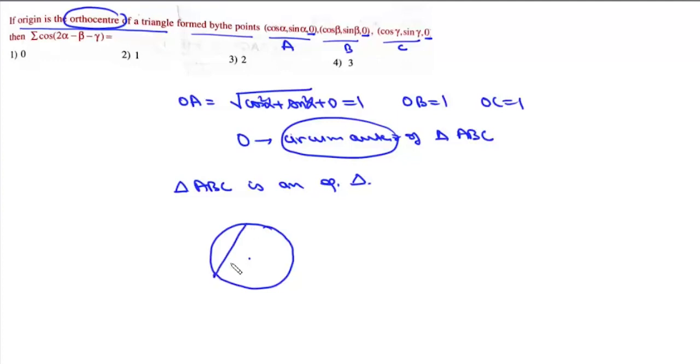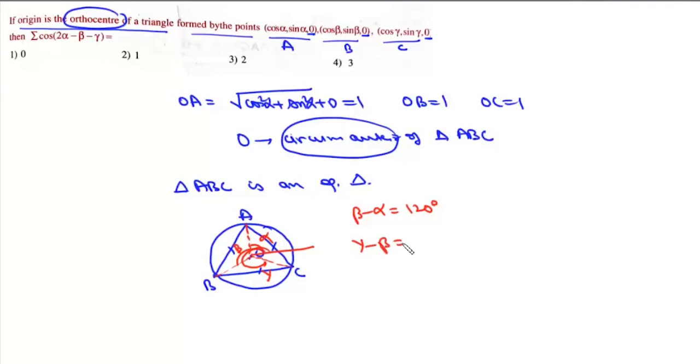So we have 3 vertices A, B and C, and it is an equilateral triangle with center at origin. So suppose this is the x-axis, so we'll make an angle alpha. Now this will make an angle beta, and here it'll make an angle gamma.